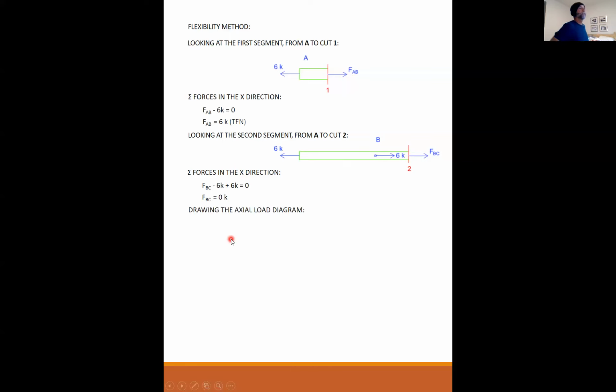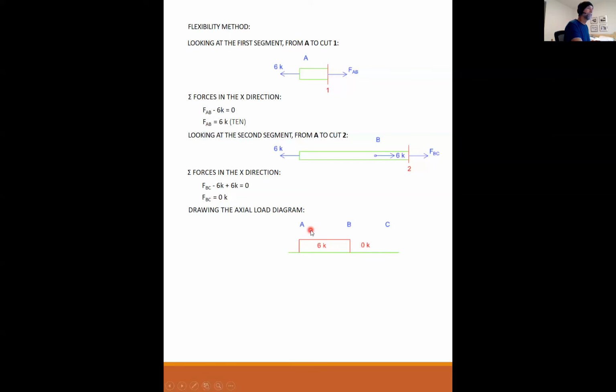Okay, so now that I have my results, I can summarize them with an axial load diagram. So between A and B, I have positive 6 kips. Between B and C, I have 0 kips. So this is my axial load diagram describing the internal load for the entire length of this member.